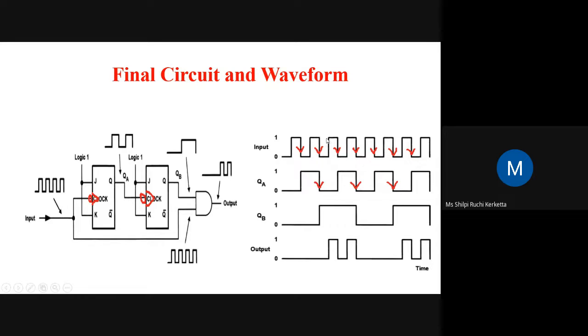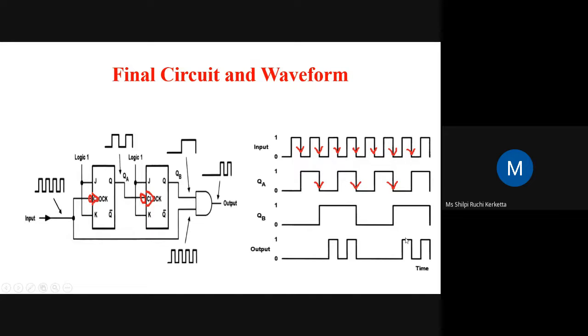And you can see here we are having a 1 and here also a 1, that's why we are getting a 1 here. Then again we have a 0, so we get a 0. Again a 1 and a 1, so we get a 1. Then everything is 0, so we get a 0. Then here a 1 but here a 0, so we get a 0.